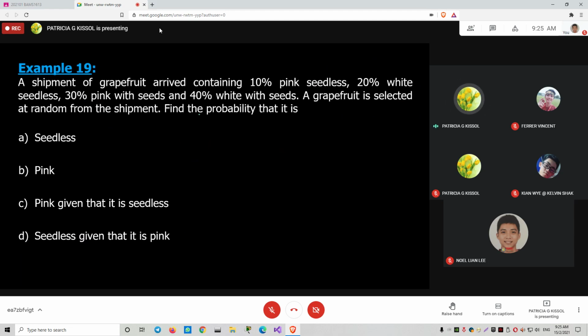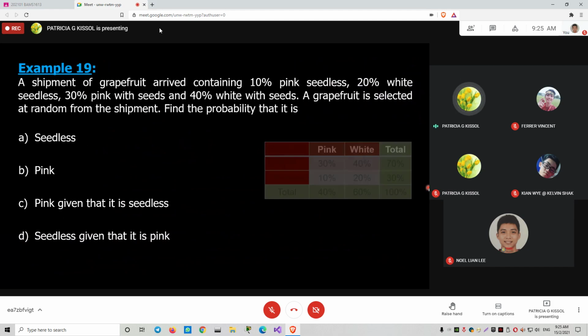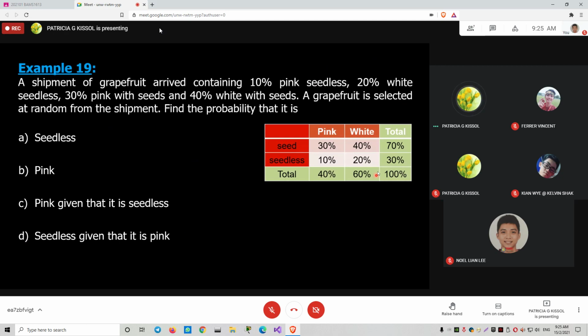For this kind of question, with all the information provided, it would be best to draw what we call a contingency table. So this is a contingency table, because based on the information, we have categorized pink and white here, and also with seeds and without seeds.